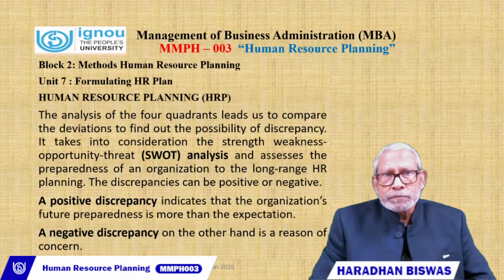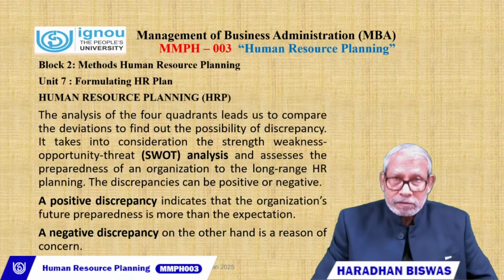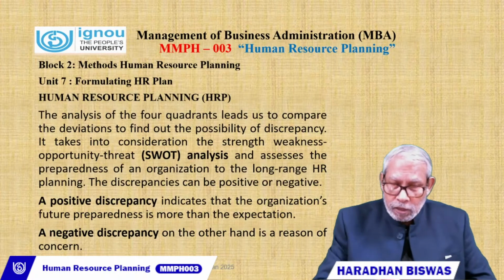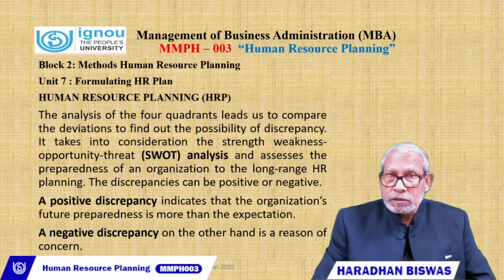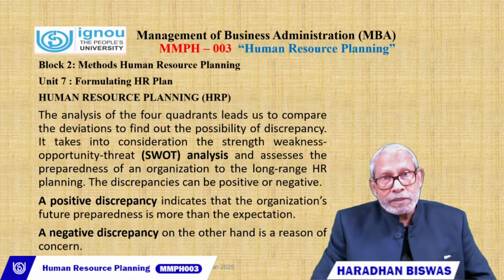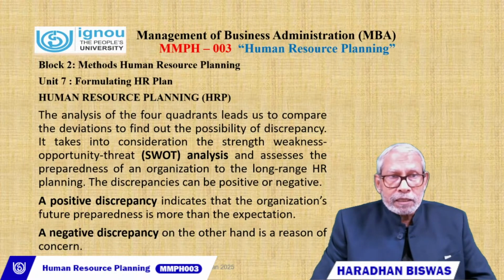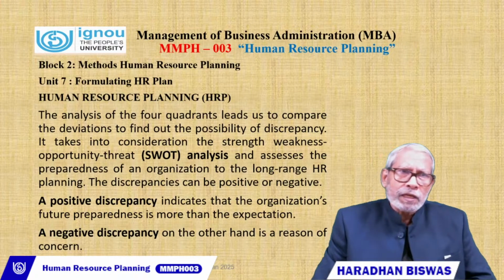Now some of the analysis part. The analysis of the 4 quadrants leads us to compare the deviation to find out the possibility of discrepancy. If any discrepancy is there, it leads, and finally you have to take it.